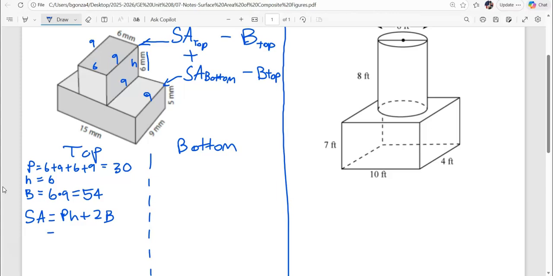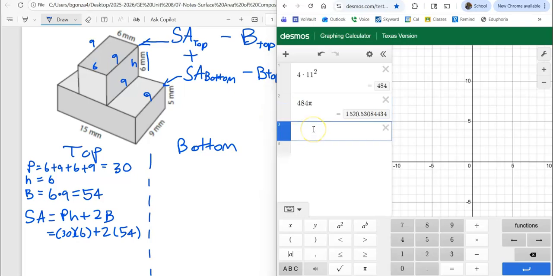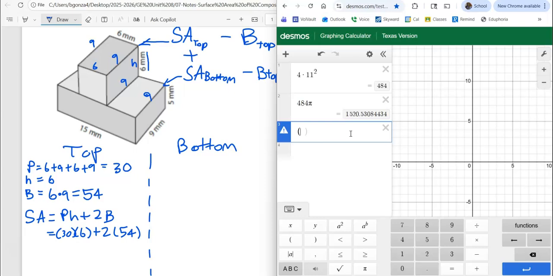P is 30, H is 6, so 30 times 6 plus 2 times big B, which is 54. Okay, after all that, I get 288.